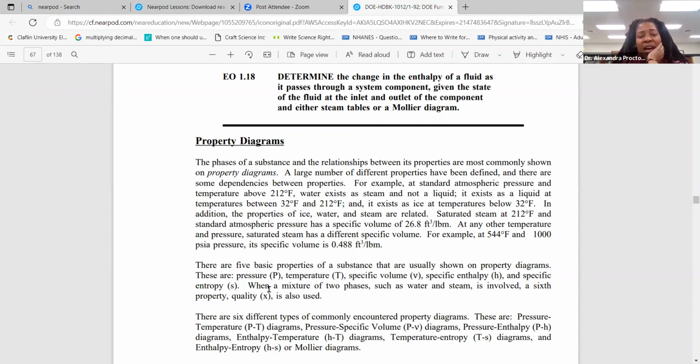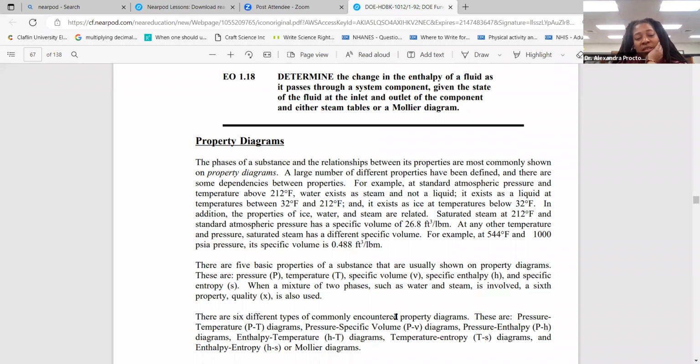So these 5 basic properties of a substance are usually shown in property diagrams, and those are pressure, temperature, specific volume, V, specific enthalpy, and specific entropy. And when a mixture of 2 phases such as water and steam is involved, a 6th property, quality X, is also used.